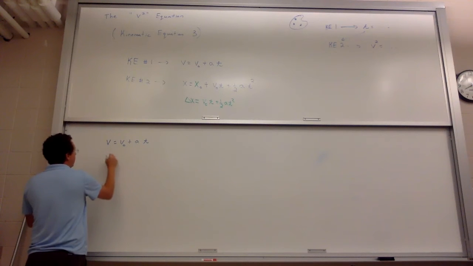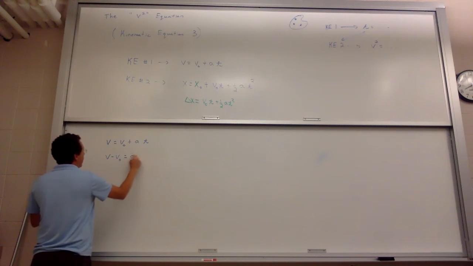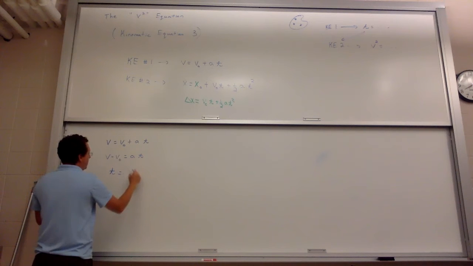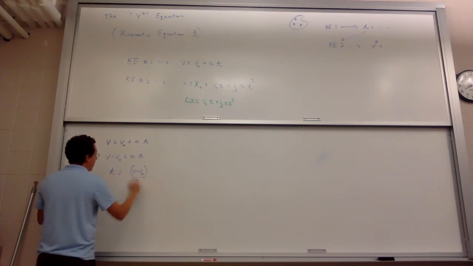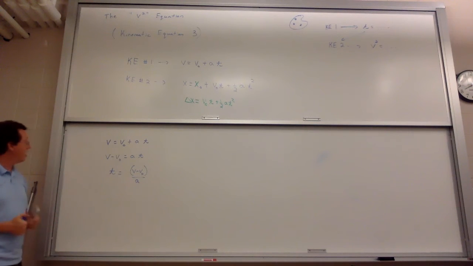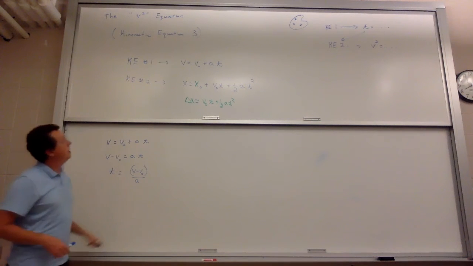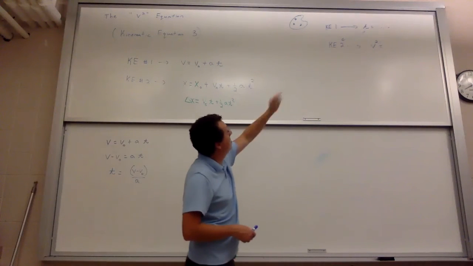So I could say v minus v initial equals at, divide both sides by a, and then flip it, say that t equals v minus v initial, the whole thing divided by a. All right, I've just rearranged that to solve for t. I look at my path. Okay, I've gone through the first step.